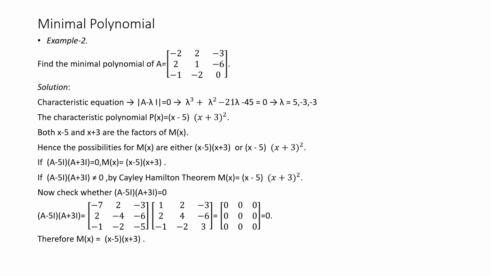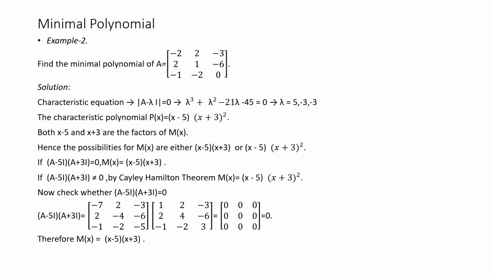If A satisfies x minus 5 into x plus 3 equals 0, then that will be the minimal polynomial. Otherwise, the characteristic polynomial itself will be the minimal polynomial. Now we will check the first one. In x minus 5 into x plus 3, if we replace x by A, we get A minus 5I into A plus 3I.